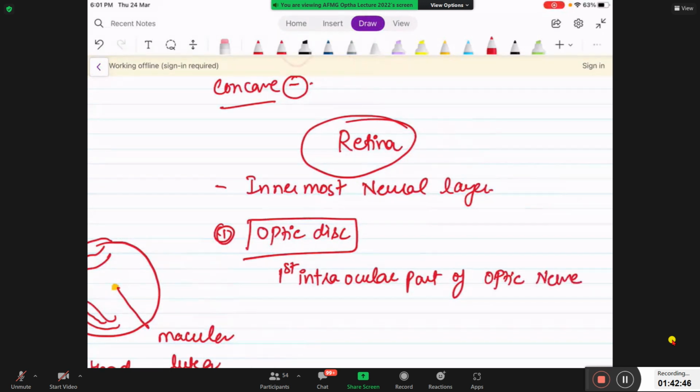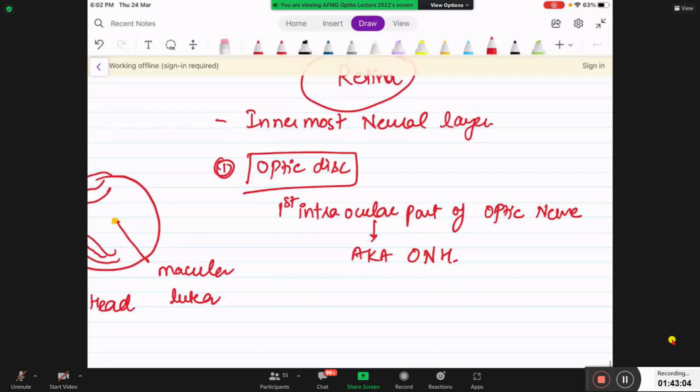Understood? So this is the first intraocular part, and we are discussing intraocular only. This first intraocular part of optic nerve is also known as optic nerve head. ONH is optic nerve head, right?